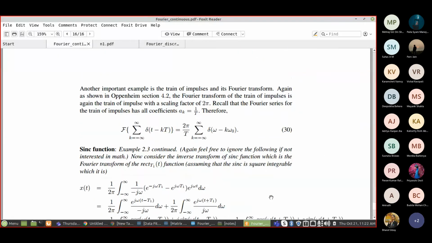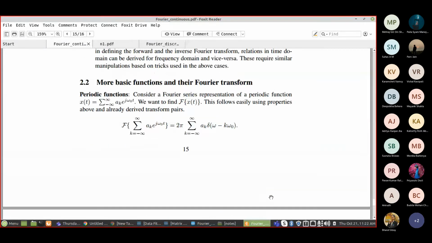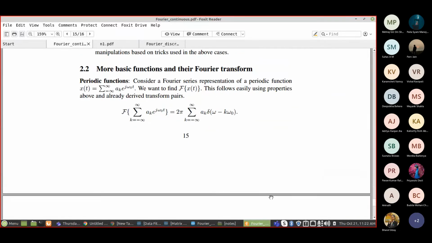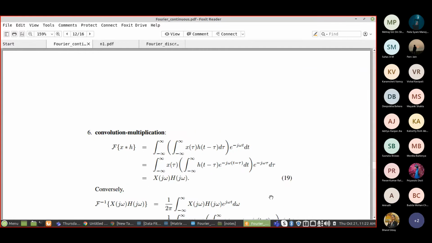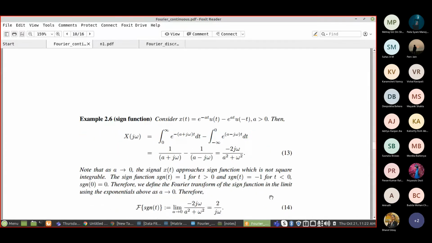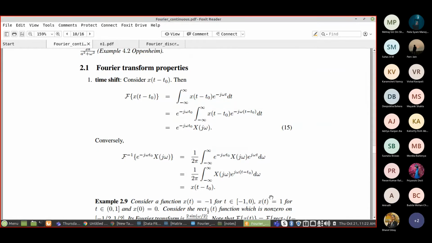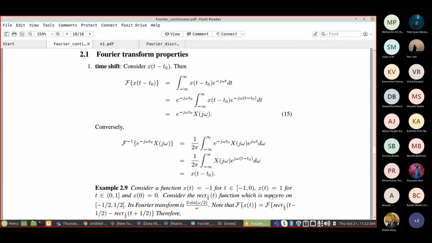Okay, let me also do this one, and then we can go on to properties, or maybe we can start with properties first. So let me not do all properties. Some of them are pretty straightforward, and you have already seen that. So yeah, time shift. The only thing is, you need to show it both ways.